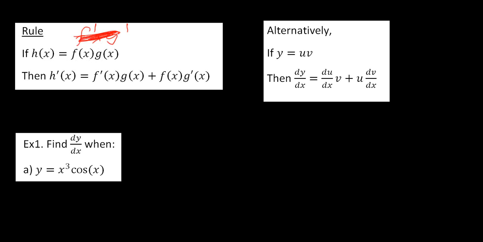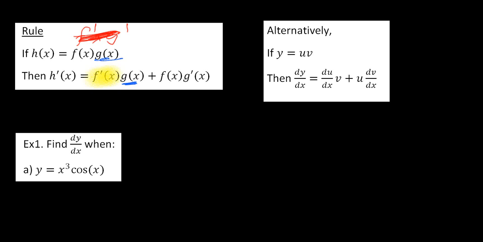So what you're going to need to do here is differentiate one of the terms, one of the mini functions. It doesn't matter which mini function you do first, but I'm going to differentiate the first one, the one in front first. A subtle reason for this is it becomes consistent with the quotient rule, which we deal with a bit later on. And you want to multiply this by the original function, g of x. So this one over here stays the same.